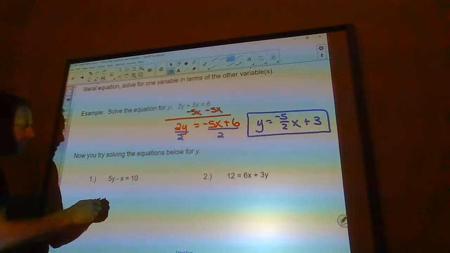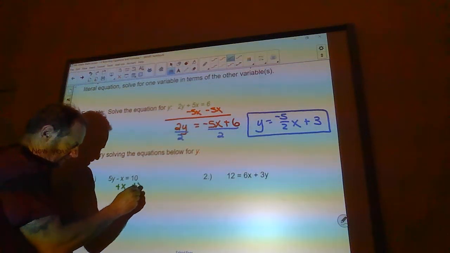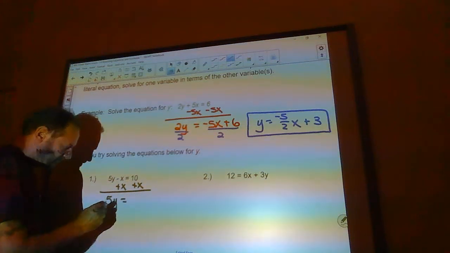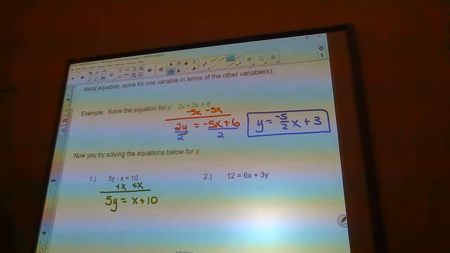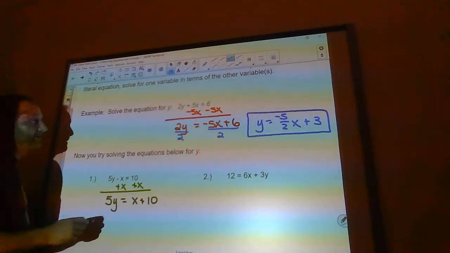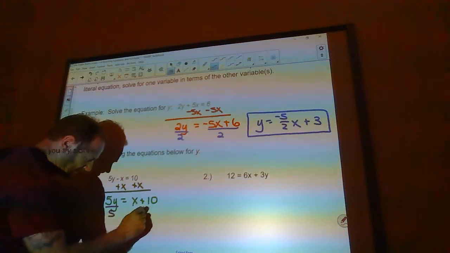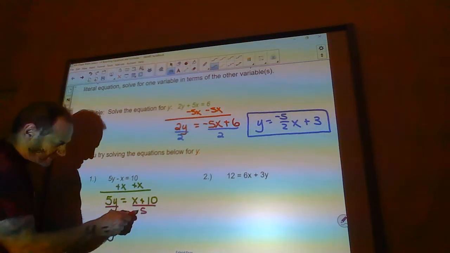Okay, so we're solving for y, which means on this one I need to get rid of this x, so I'm going to add x to both sides. So I get 5y equals x plus 10. Okay, now I'm going to divide by 5 to get the y by itself. So this is just y right here. Now this gets a little tricky for people.